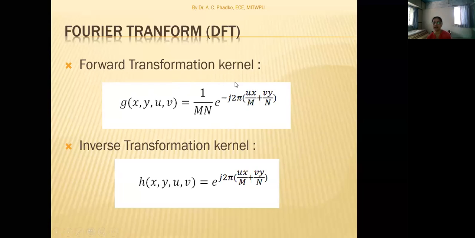Why? Because we can easily write this e raised to minus j term into two components. I can write this as e raised to minus j 2 pi ux by m into another term e raised to minus j 2 pi vy by n.